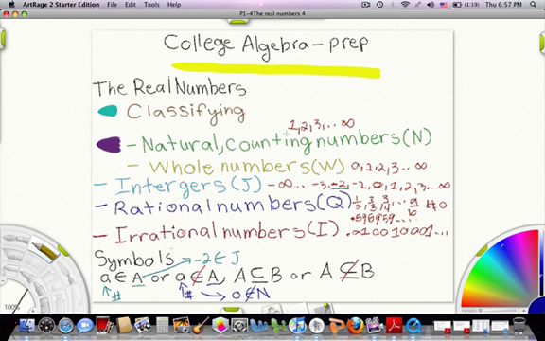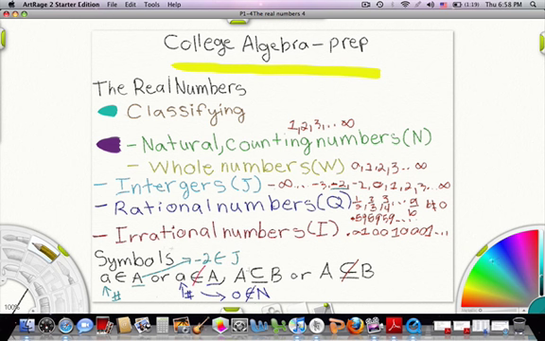Natural numbers start at 1 and work their way up into infinity. So this is a true statement, and you would just say true or false, however your professor or teacher wants you to say that this is a true statement.